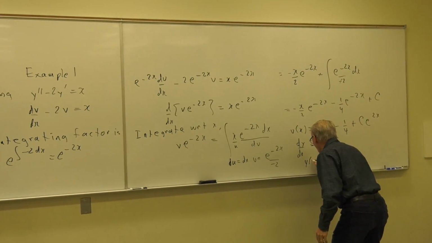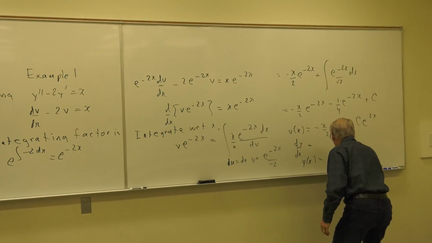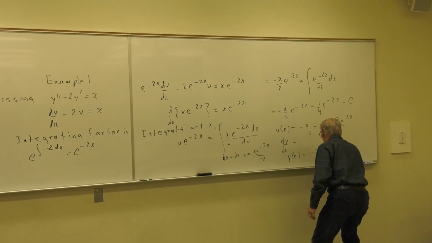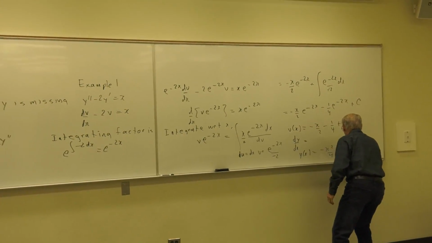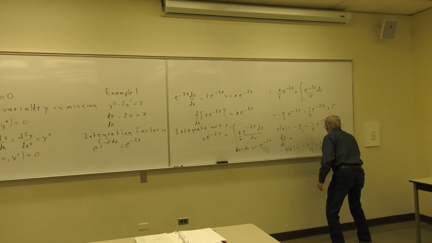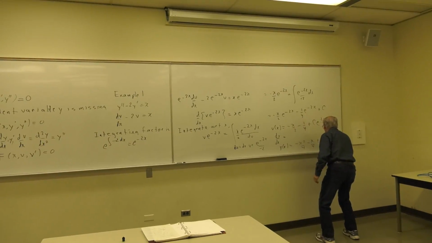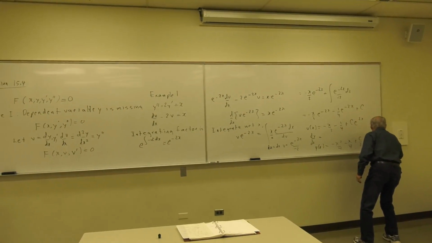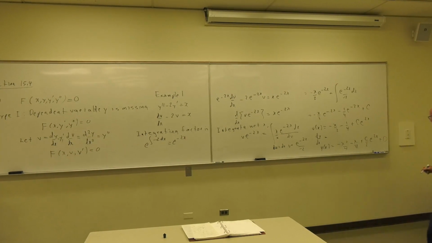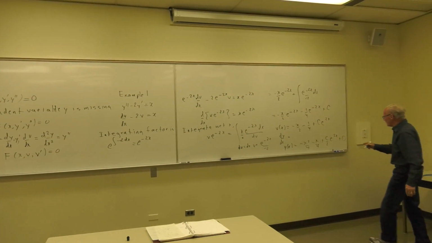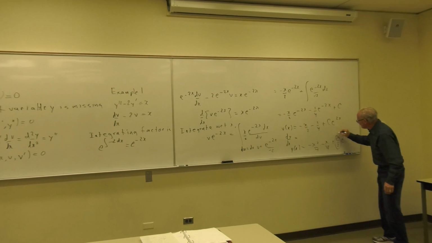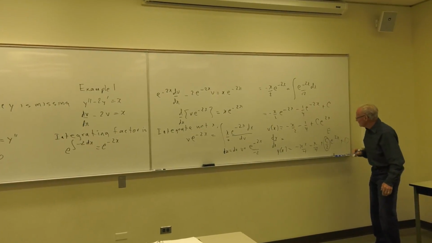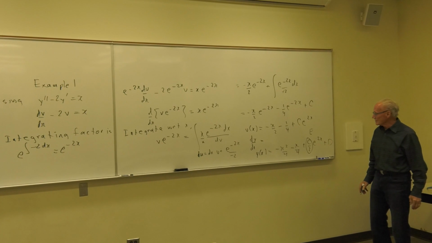So y of x is equal to minus x squared over 4 minus x over 4 plus c over 2 e to the 2x plus d should be our final answer. You can, if you want, call this big E if you like, since it's just an arbitrary constant.